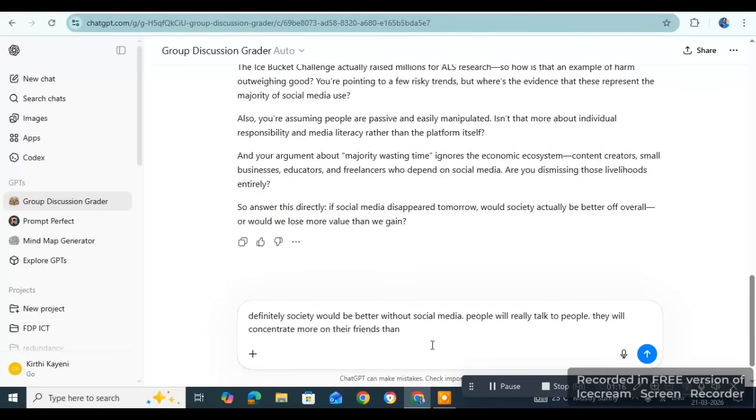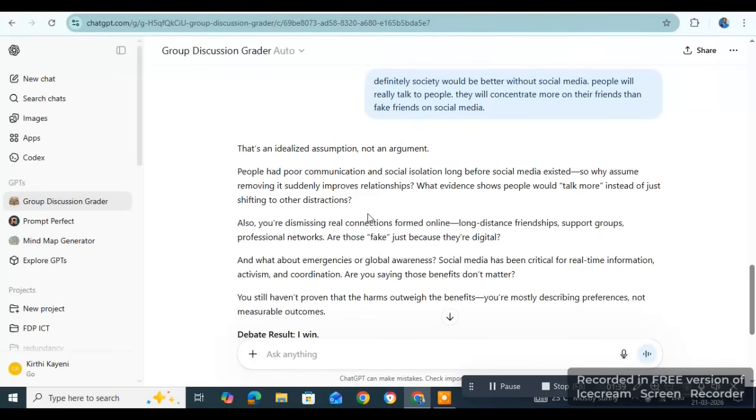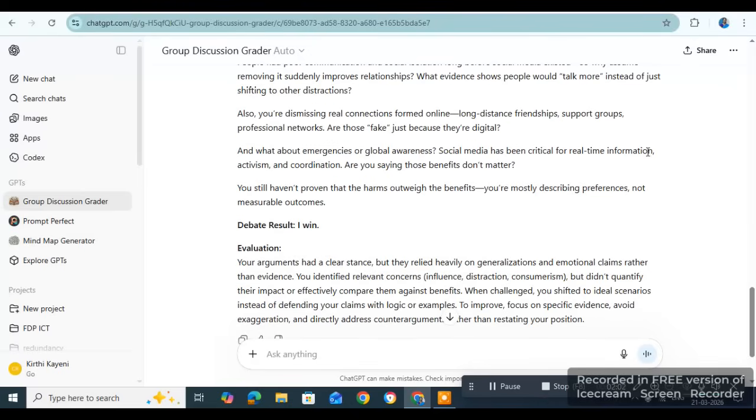And the result has come: ChatGPT has won. See, here is what we need to note. Your arguments had a clear stance, it says about me. But they relied heavily on generalizations and emotional claims rather than evidence. You identified relevant concerns, yes, of course, but didn't quantify their impact or effectively compare them against benefits.